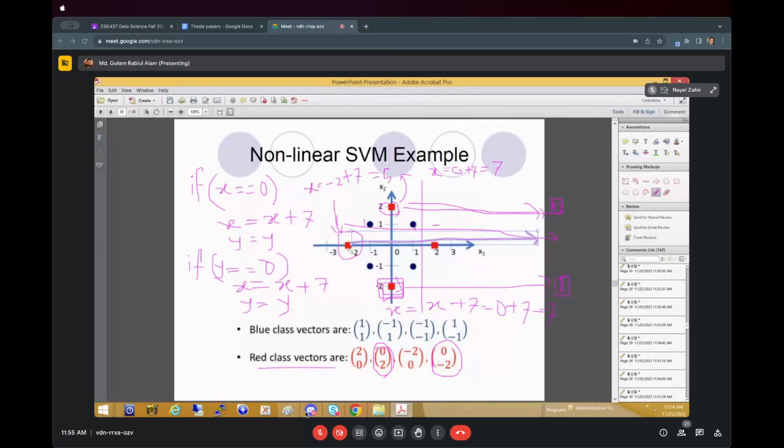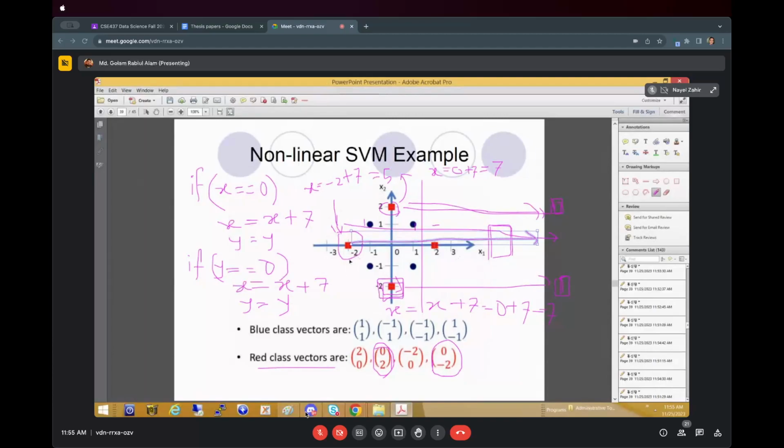So we will get the same point at 5, 0. Okay, y is 0, so 5, 0. Maybe we will get the point at this location. So that means this red circle will move to here.